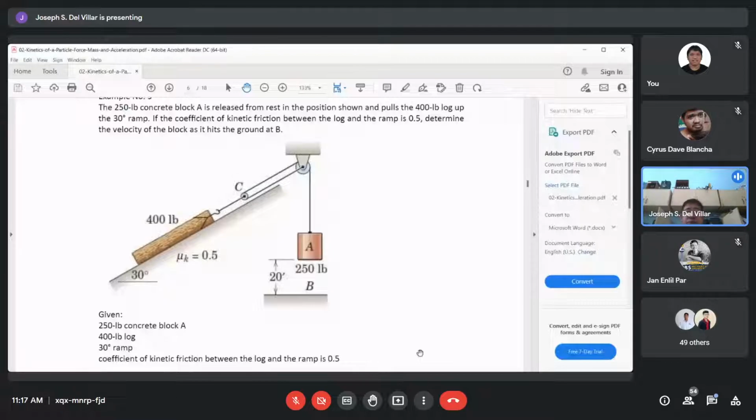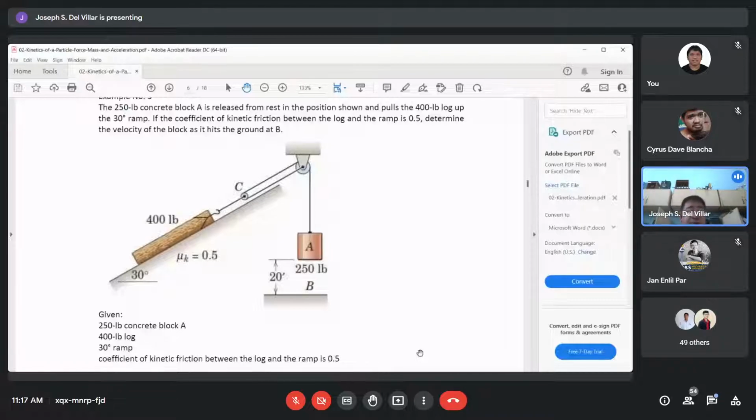Since it is kinetic, mu sub k, because there are two: kinetic friction and static friction. So since we are dealing with kinetic, mu k equal to 0.5.